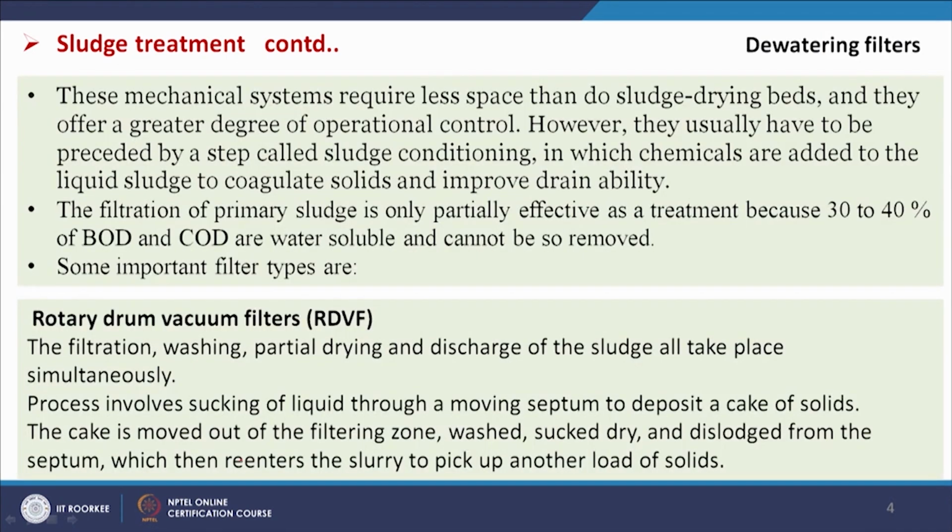Now, we will see different types of filters used for dewatering purpose. These are mechanical systems which require less space than sludge drying beds, and they offer a greater degree of operational control.